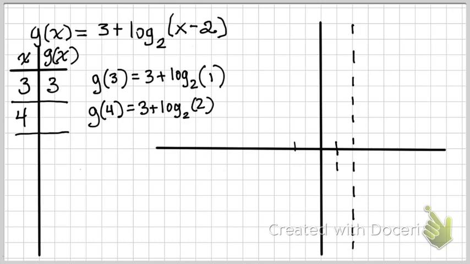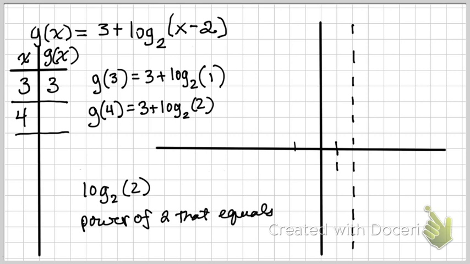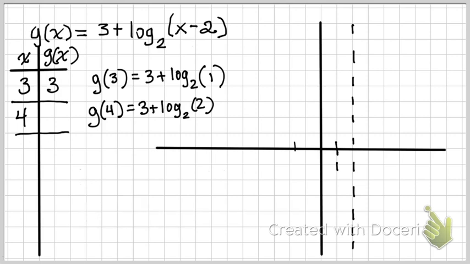What's log base 2 of 2? What power of 2 equals 2? What's 2 to the first power? So log base 2 of 2 is 1. And with that, we'll have 3 plus 1, which is 4.